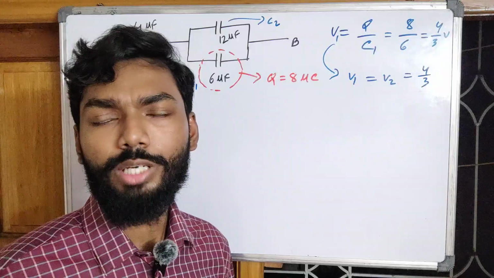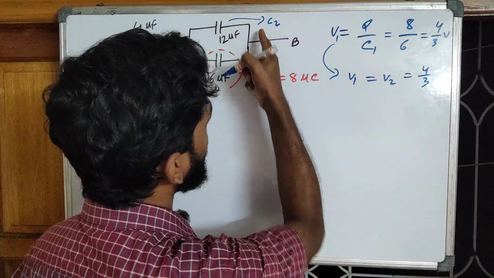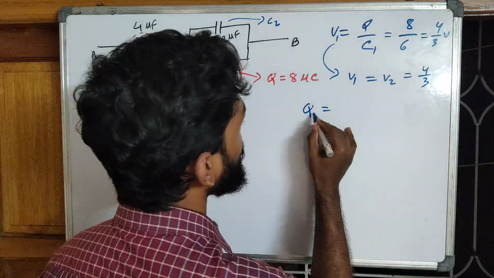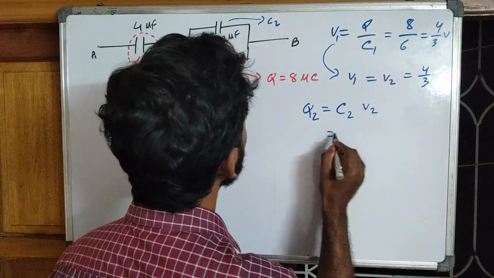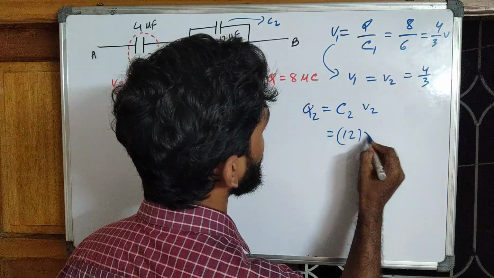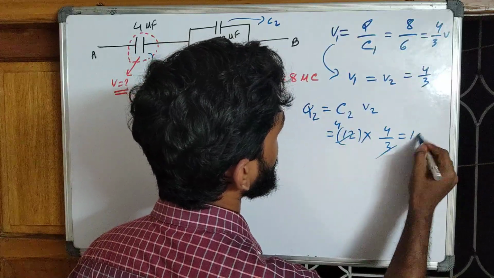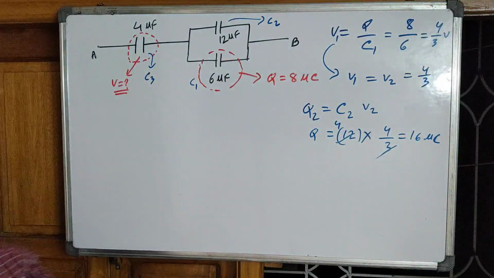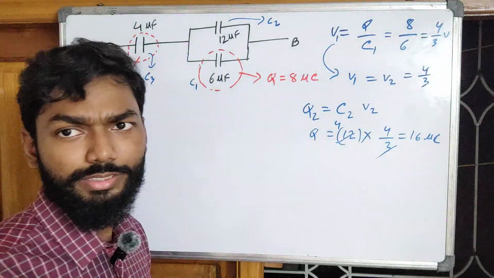So we can also find out how much charge is stored in the upper one, C2. Q equals CV, C2 into V2. C2 is 12, V2 is 4 by 3. 4 4s are 16. Q2 is 16 microcoulomb and Q1 was 8.